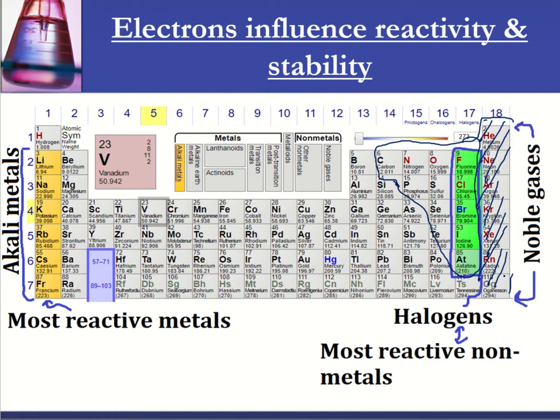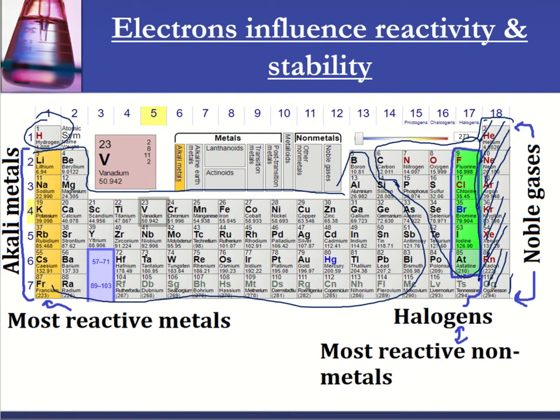They're not going to form any ions. Hydrogen also is a special case, so it's a type of non-metal that will give off its electron rather than gain. And then you can see all these metals here, they are going to form cations. So these will form cations and lose electrons to obtain a full outer shell.